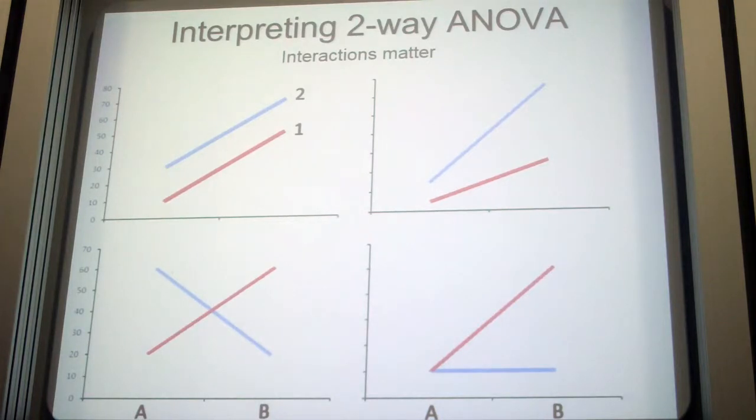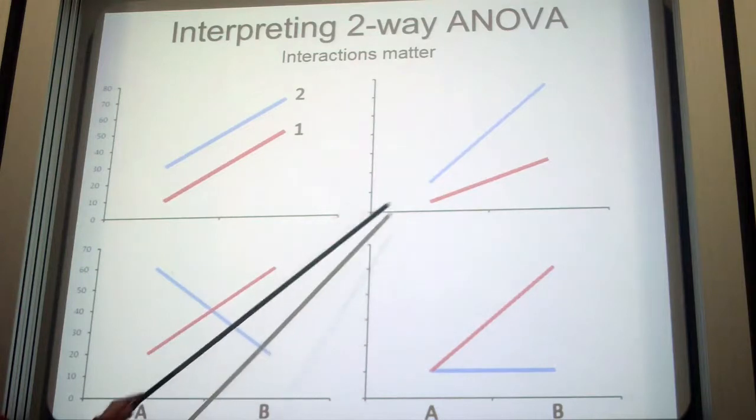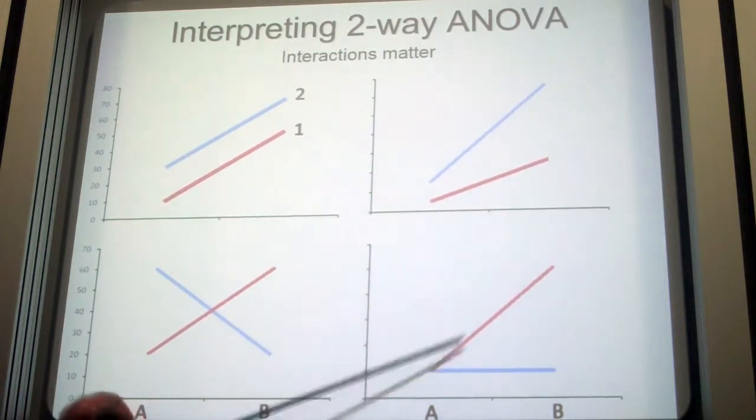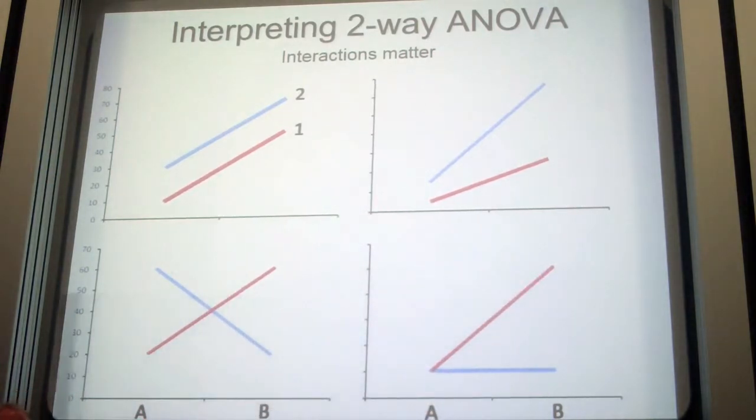Okay, and if the ANOVA tells you that there is an interaction, you want to look to see where the lines diverge or converge. Look where the differences change. That's likely to be a source of the interaction.